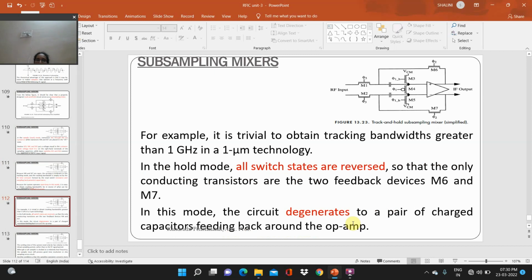In the hold mode, all switch states are reversed, so that the only conducting transistors are the two feedback devices M6 and M7. In this mode, the circuit degenerates to a pair of charged capacitors feeding back around the op-amp.